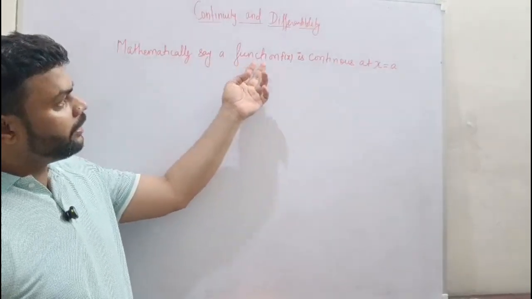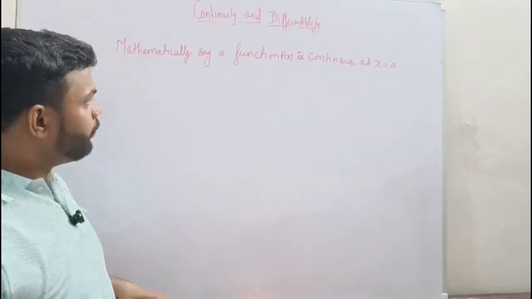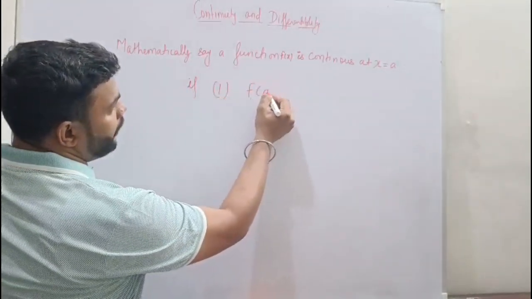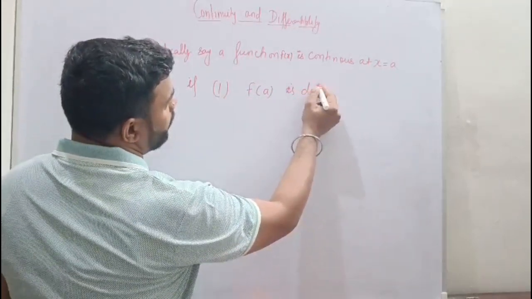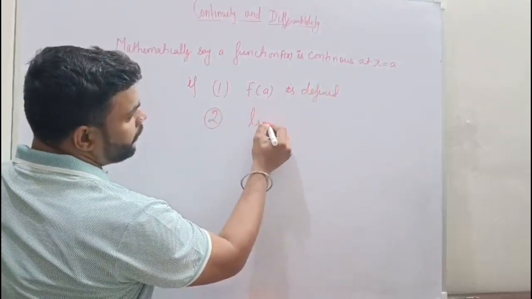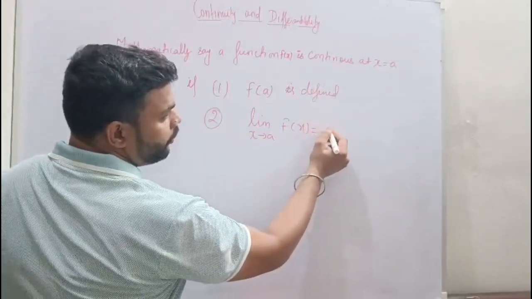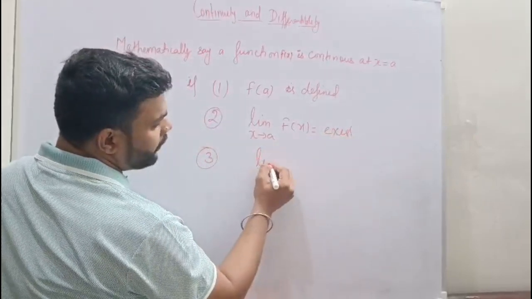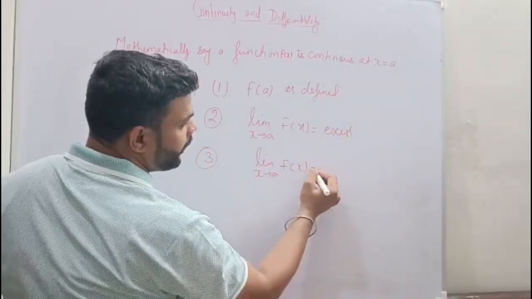Mathematically, say a function f(x) is continuous at x equal to a if, first condition, f(a) is defined. f(a) should be defined, and second, limit x approaches a of f(x) should exist, and third, limit x approaches a of f(x) should be equal to f(a).